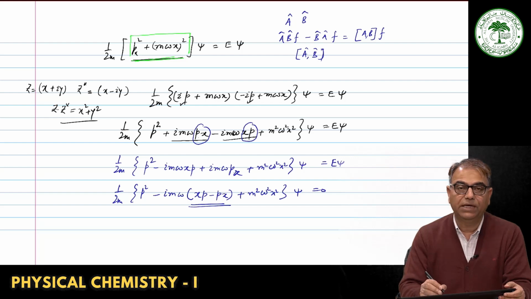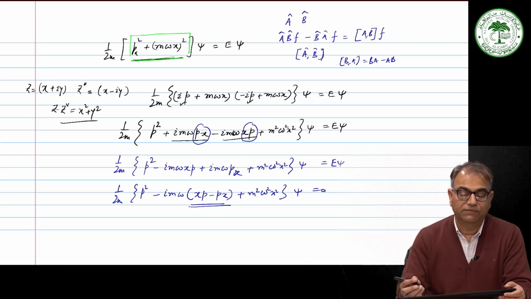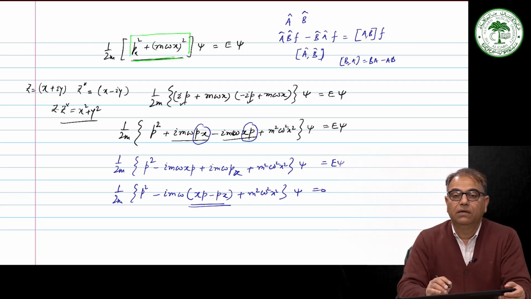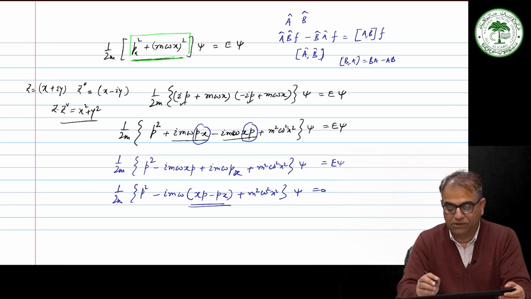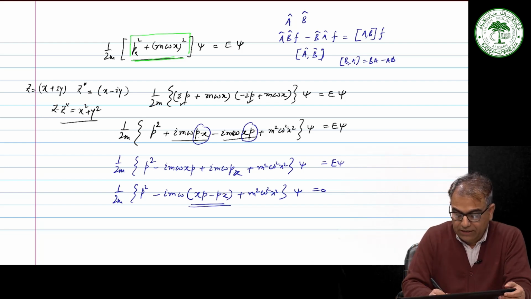This [A, B] indicates AB minus BA, and [B, A] means BA minus AB. They may give the same result, they may not, which means the commutator may be 0, may not be 0. This is a very important difference between number algebra and operator algebra. So, this is xp minus px, and we can write it as a commutator.